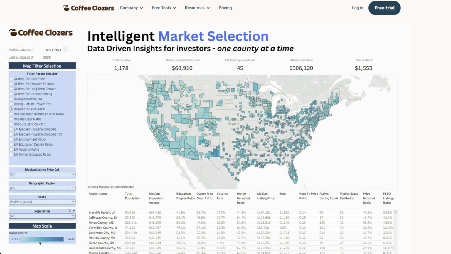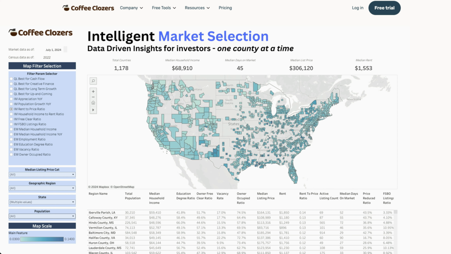So here, if you ever want to understand what's going on in the map, you can quickly gauge. Here we're looking at rent to price ratio. We can see our minimum value is 0.03, a lighter shade, which we could see the lighter shades are along the coast of the West and towards this part of the Northeast. Makes sense, right?